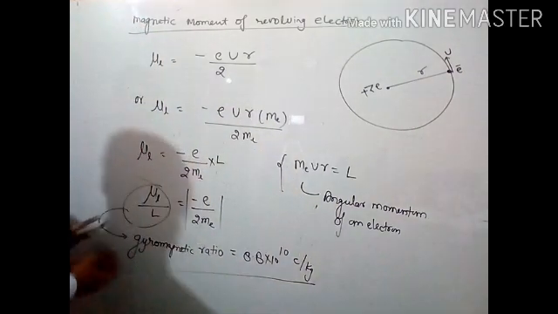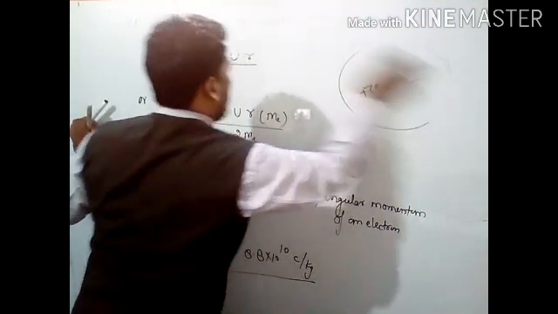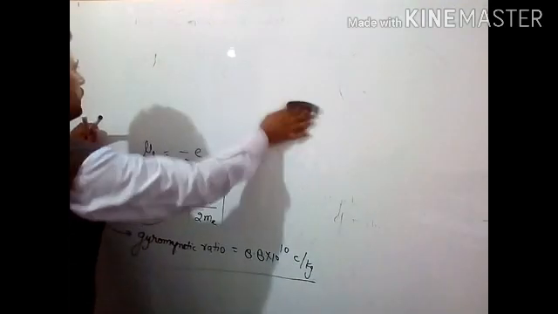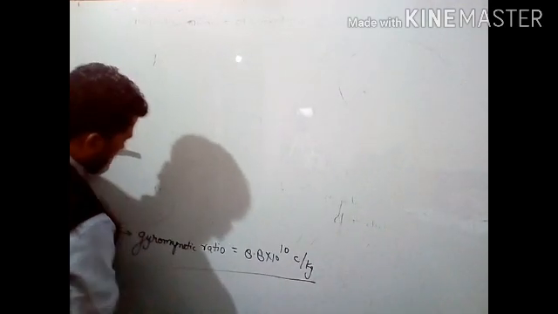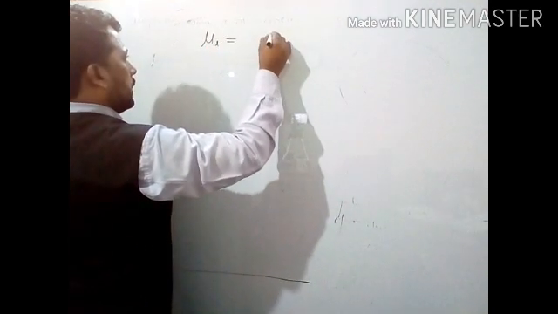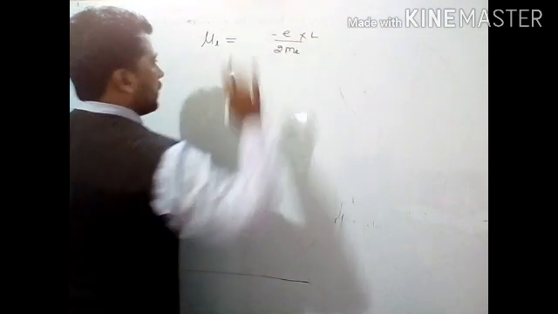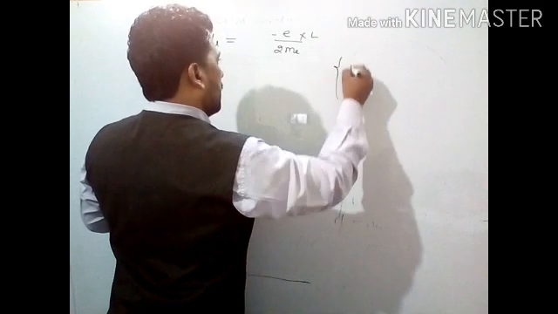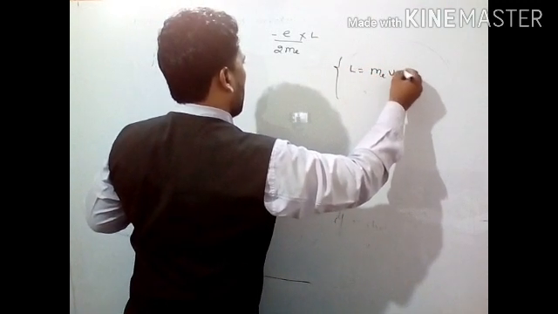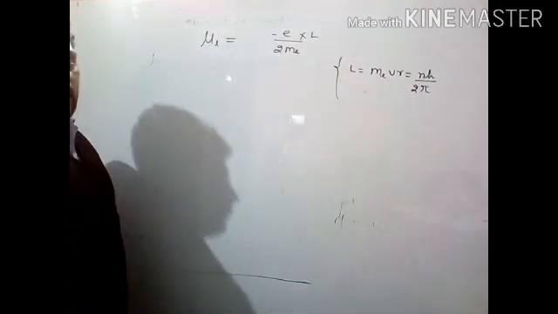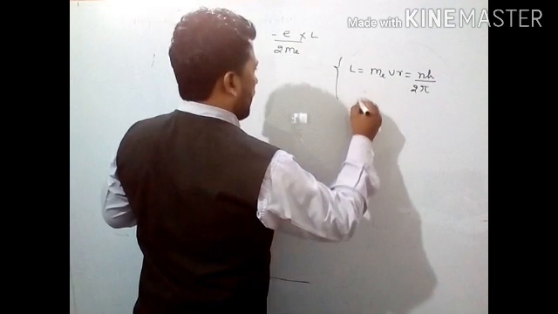Now let's solve for the minimum value of this magnetic moment. mu L is equal to minus e upon 2 me into L, and you know that L equals m v r equals n h upon 2 pi, where h is the Planck constant.